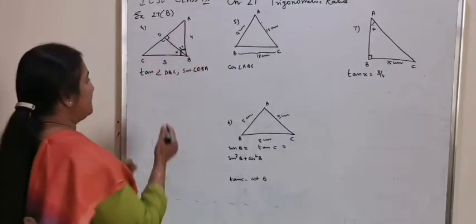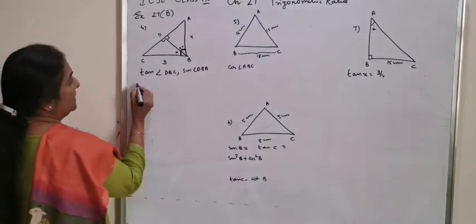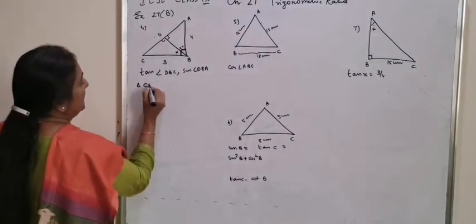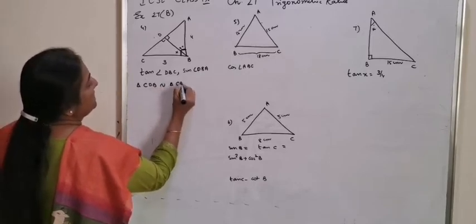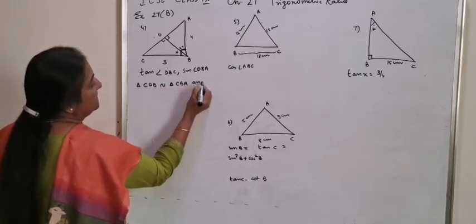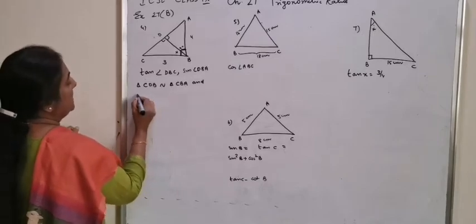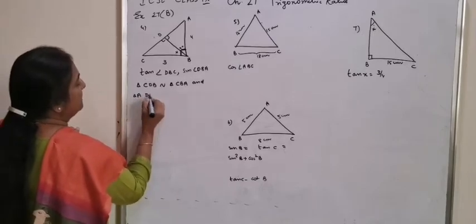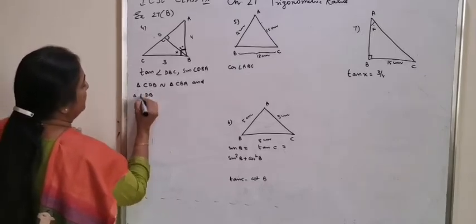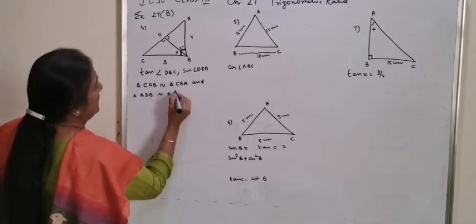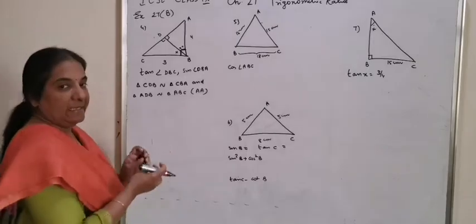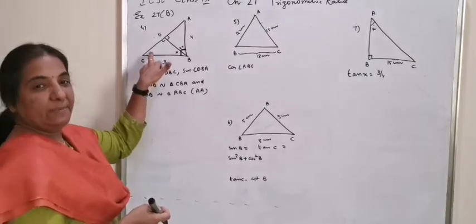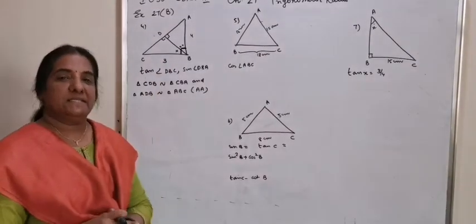We can always prove that, as I told you, triangle CDB is similar to triangle CBA and triangle ADB is similar to triangle ABC, both by AA similarity. Write the common angle in the beginning, 90 degrees in the second place.